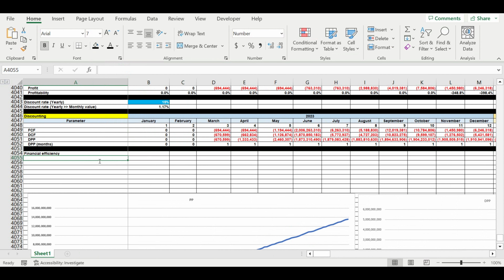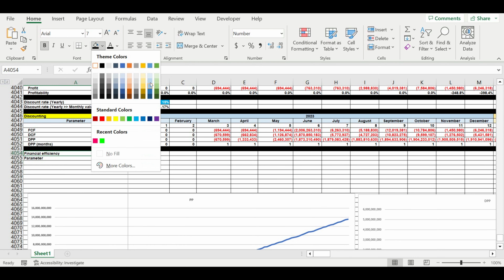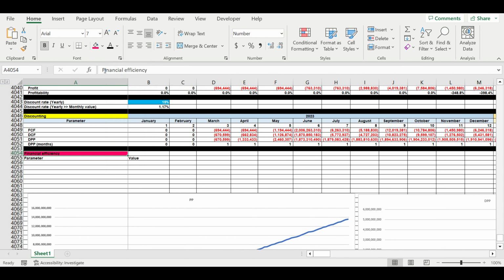This will be value. Let's start creating bases for sensitivity analysis. So first of all, we will take payback period. This will be nominated in months.